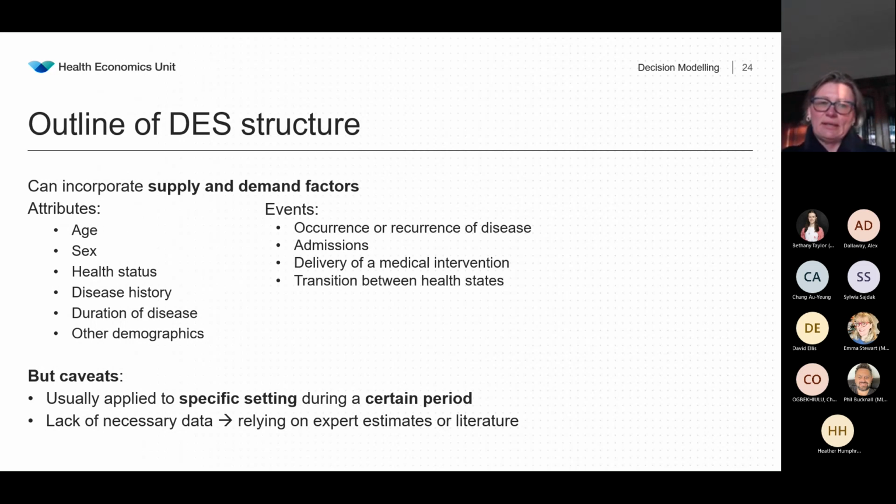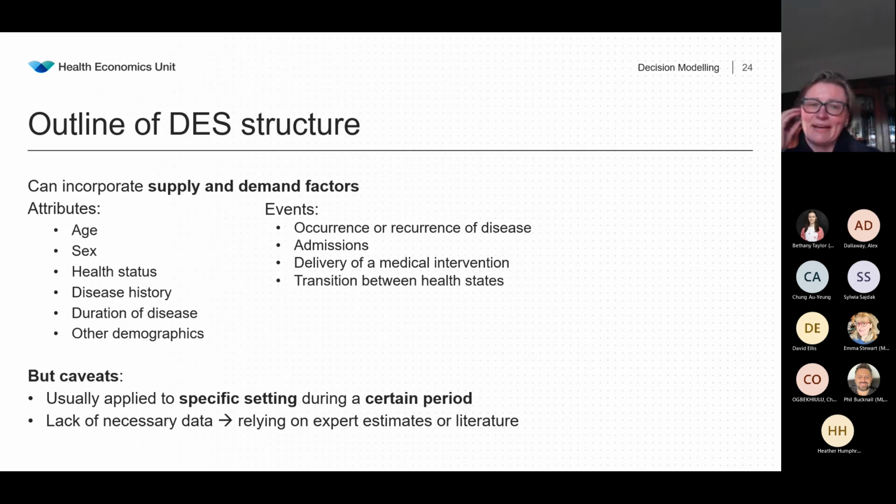And events could be occurrence or recurrence of disease, but also admissions. So the models can be updated as they're running. If you have more admissions, or if the disease keeps recurring, this could be incorporated into the structure.